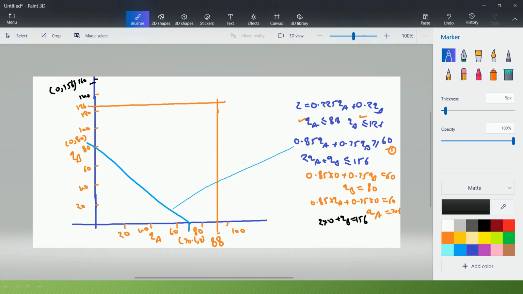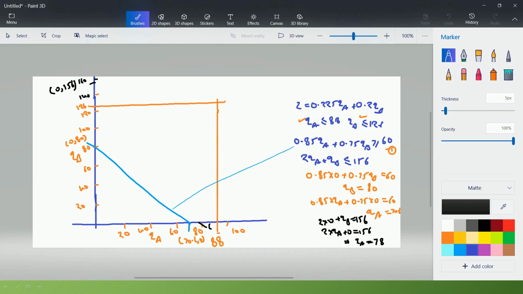Okay. Now if I put QB equal to 0, I will get the value of QA. 2 QA plus 0 equal to 156. This will give QA equal to 78. This is our 70. This is 80. Somewhere here we will have 78.